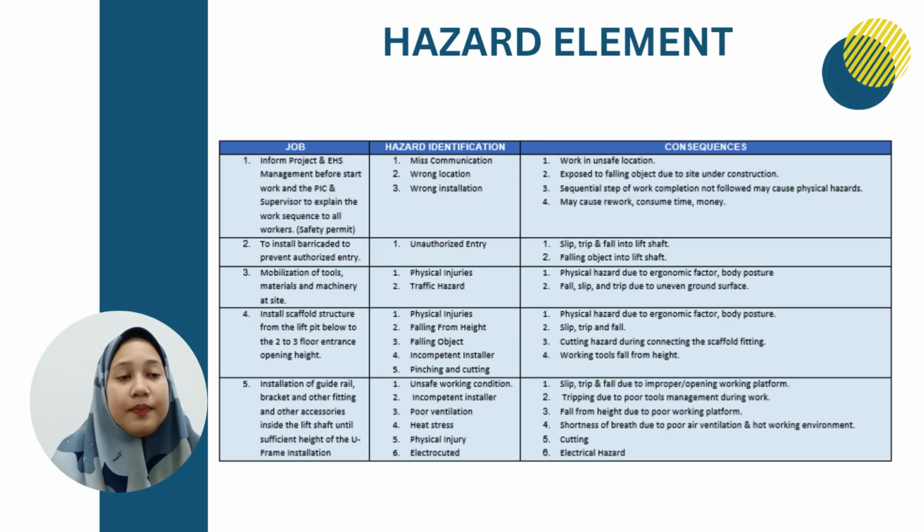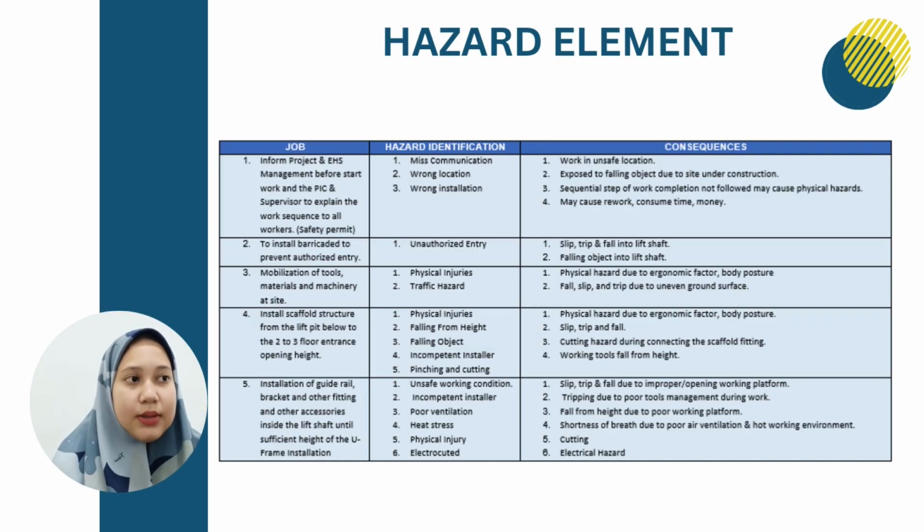And also, by wrong installation, the sequence of work completion is not followed, which may cause physical hazard. And also, from the hazard identification, miscommunication, wrong location, and wrong installation may cause rework, consuming time and money of the employer.